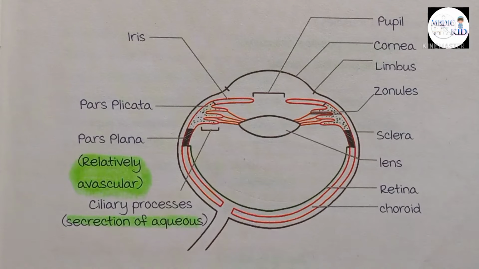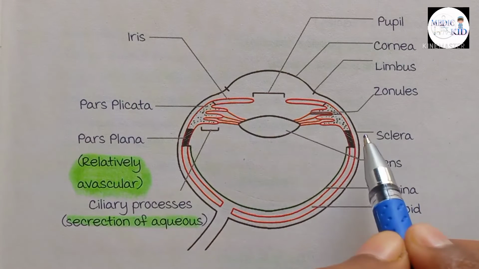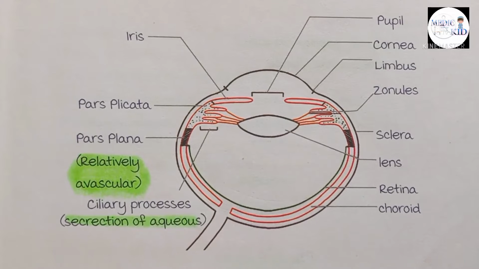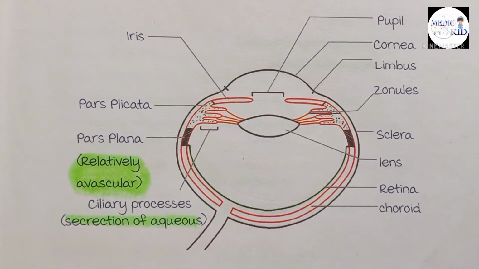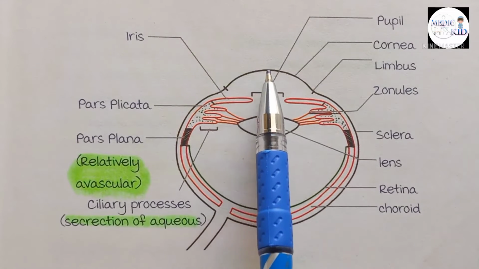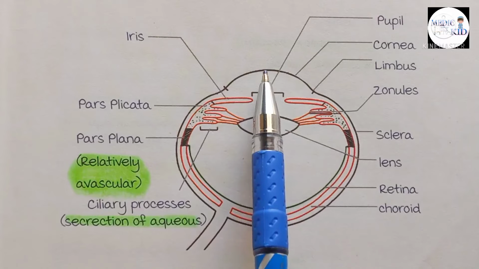Now let's see the anatomy, the layers of the sclera and the limbus. So let's start. Sclera: can you guess how many layers are present in the sclera? We know that the cornea has 6 layers. I hope you remember all.